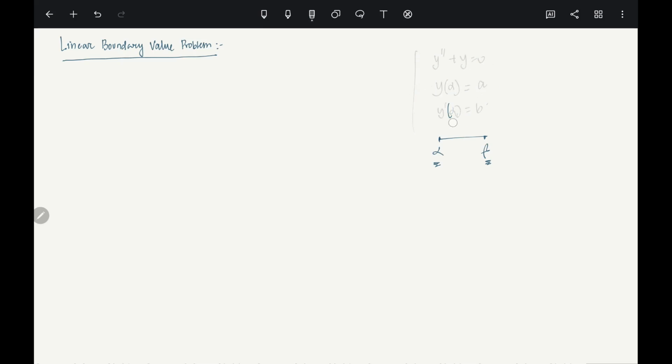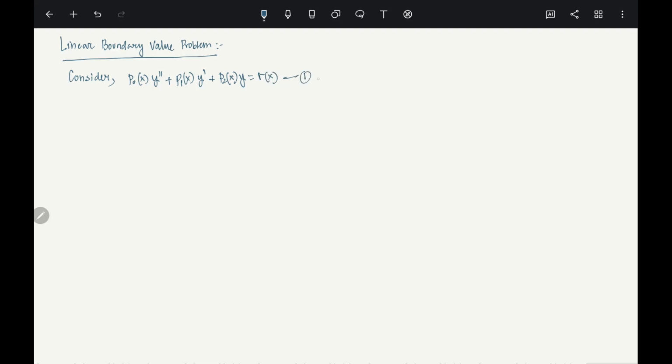Okay, so let's start the class. We are going to consider the differential equation p naught of x y double prime plus p1 of x y prime plus p2 of x y equals, for now, r of x. Let's call that the first equation.